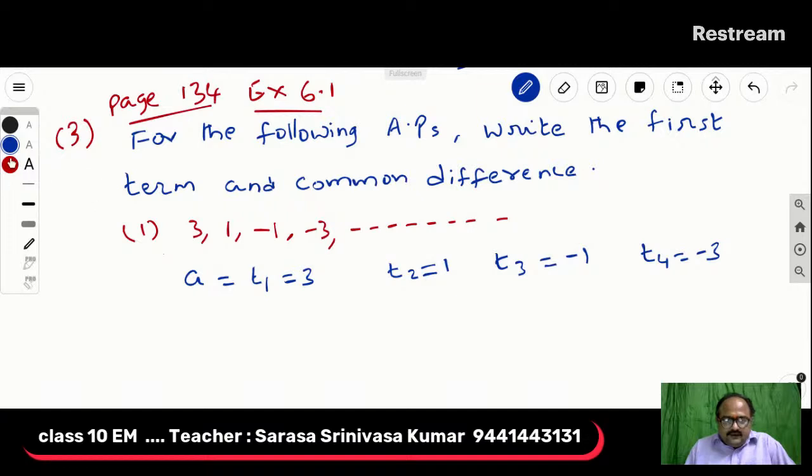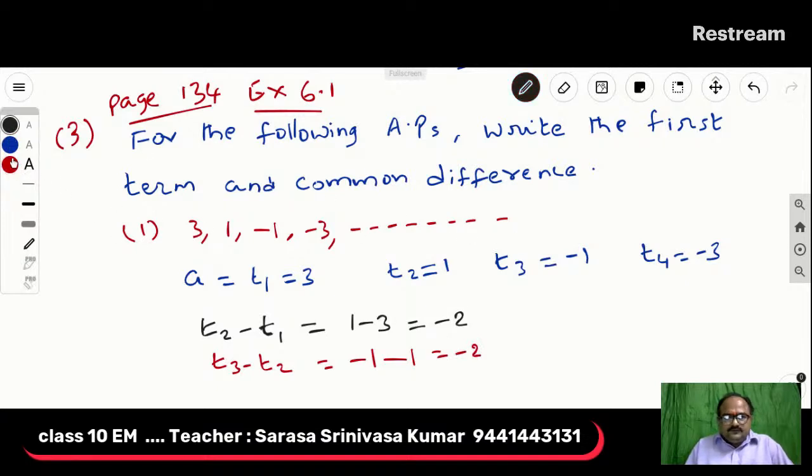Now let us find t2 minus t1, equal to 1 minus 3, equal to minus 2. t3 minus t2 equal to minus 1 minus 1, that is equal to minus 2.